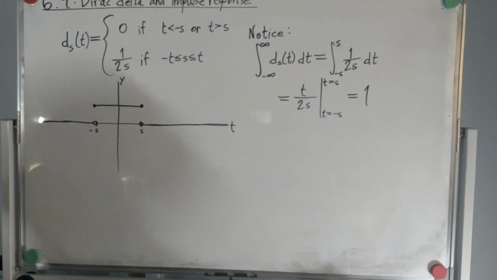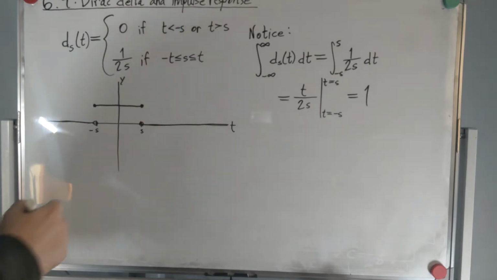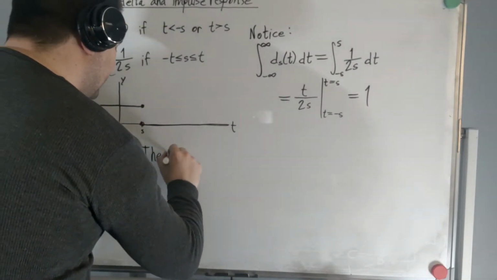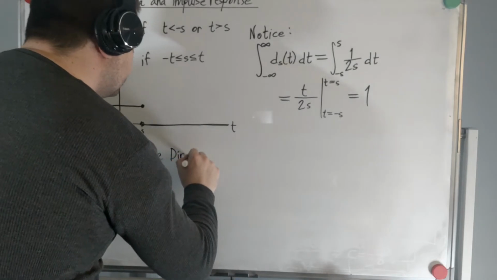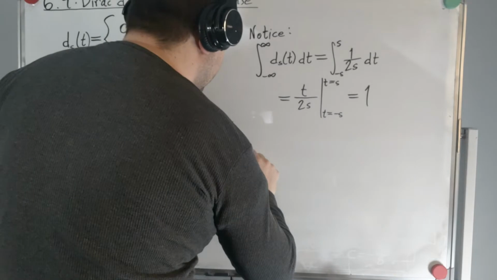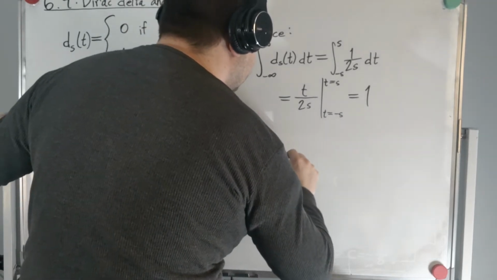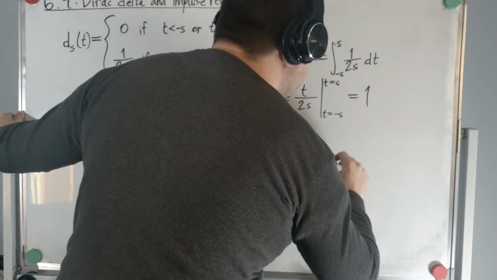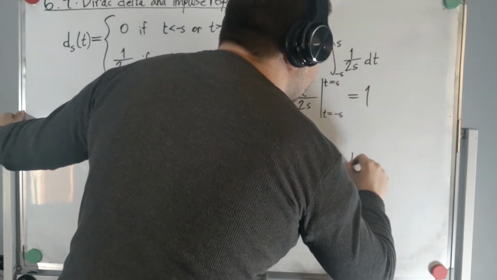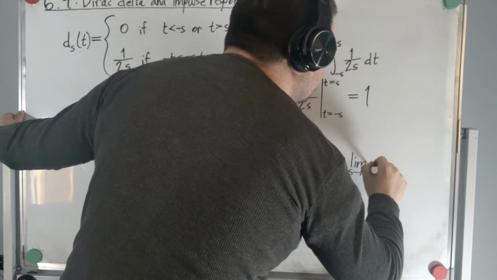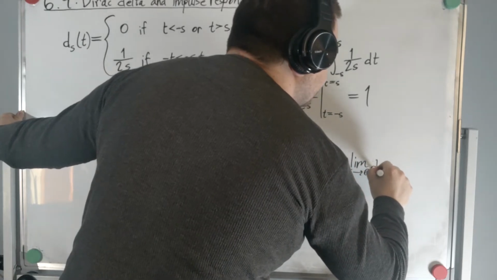So the Dirac delta is a limit: delta of t equals the limit as s approaches 0 of d_s of t.